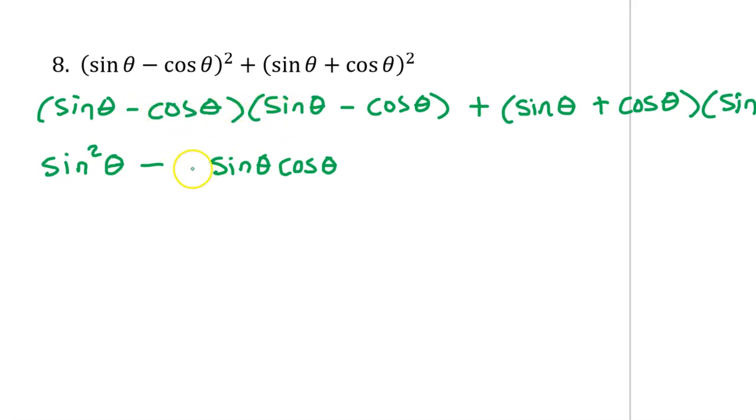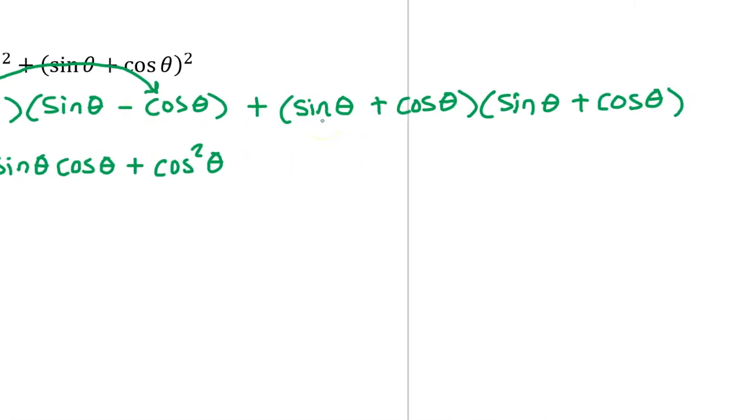So because we have two of them, I can just put a 2 right here. I'm combining like terms as I go. That brings me to multiplying these two. A negative times a negative is a positive. So we have positive cosine squared theta. So this is what we get from multiplying these two binomials together.